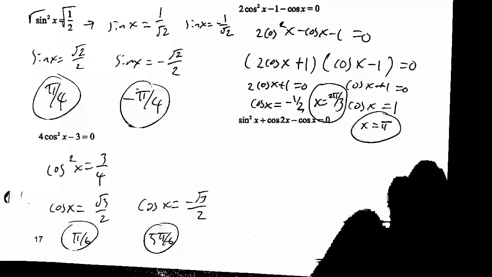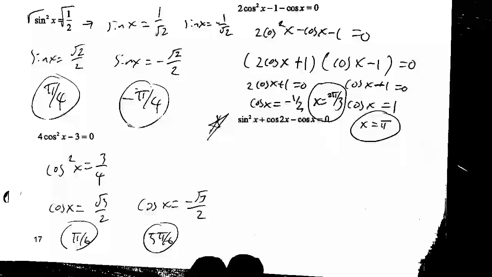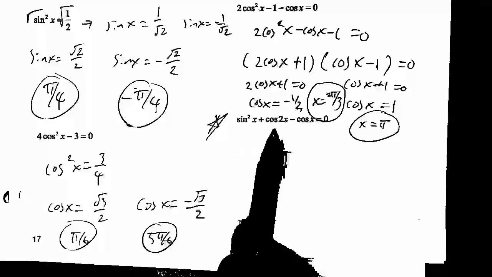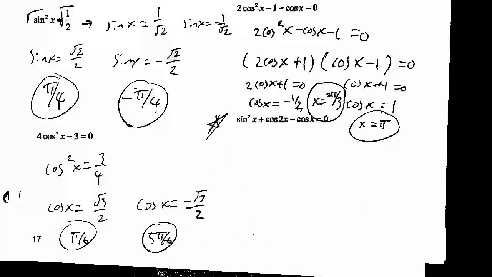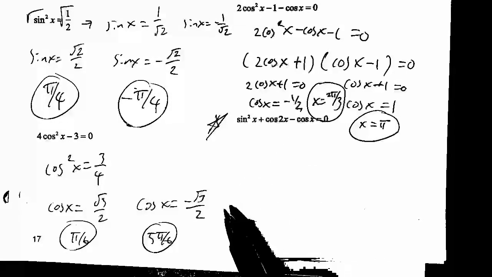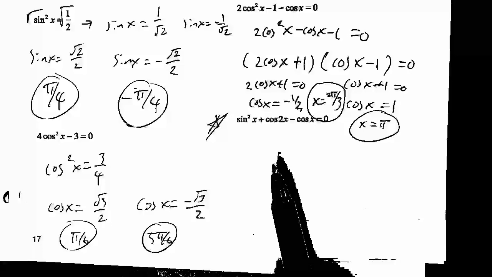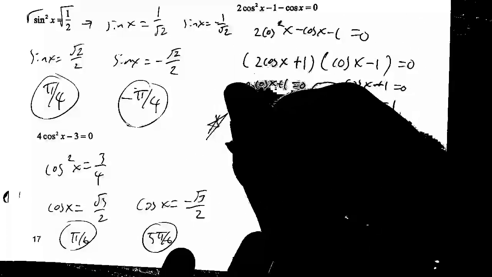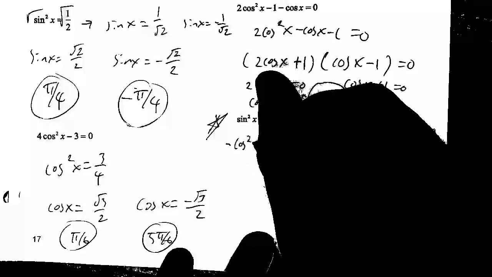Last one here. This is a tricky one. This is definitely a harder problem. You have to use an identity because we have a mixture of sine and cosine, and it's a hint to you to convert it all to be the same. So sine squared x, I can rewrite that as negative cosine squared x plus 1.